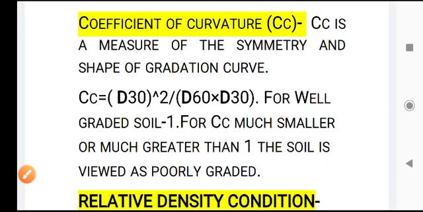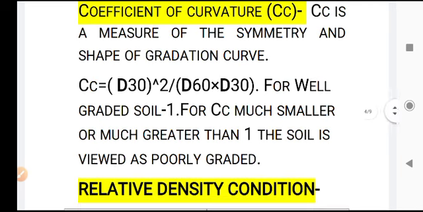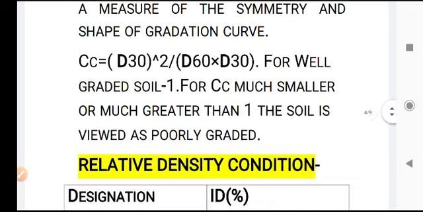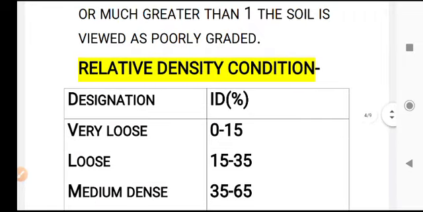For well graded soil, Cc equals 1. For a coefficient of curvature much smaller or much greater than 1, the soil is viewed as poorly graded.